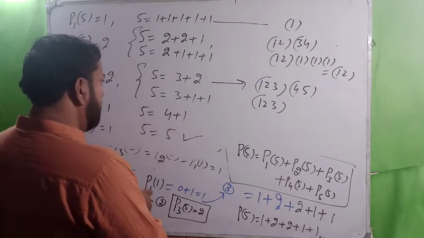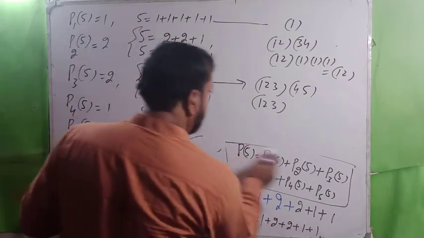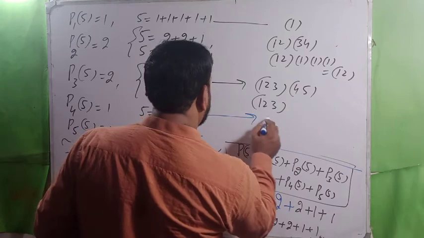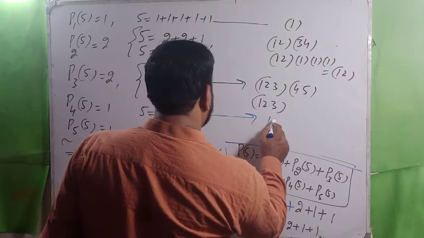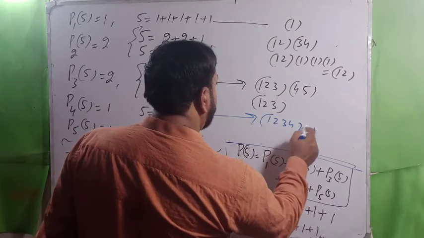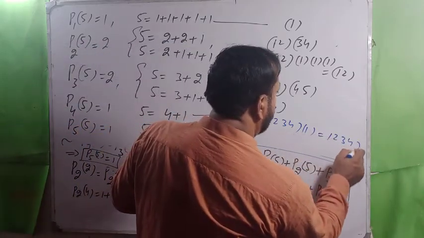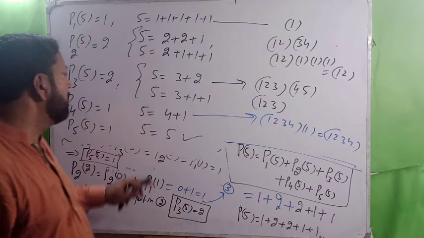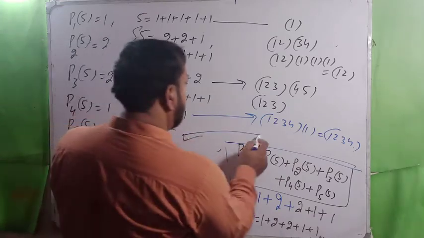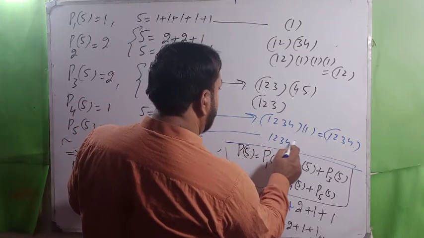So these are the cycles of the type 1 2 3 4 and 1. Okay, no need to write 1. This is 1 2 3 4. Okay, it's all right. And then 5, you have cycle of the type 1 2 3 4 5.